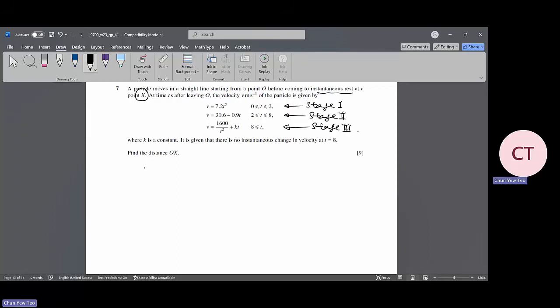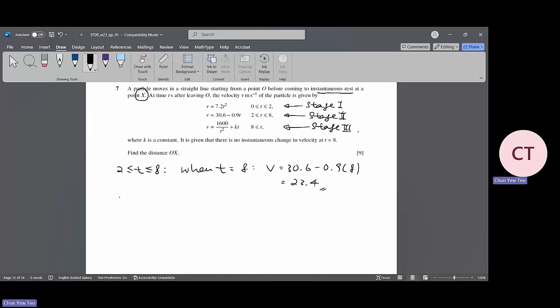So stage 2, from here. When t is equal to 8, you will get v is equal to 30.6 minus 0.9 multiplied by 8. Press the calculator, you get 23.4.